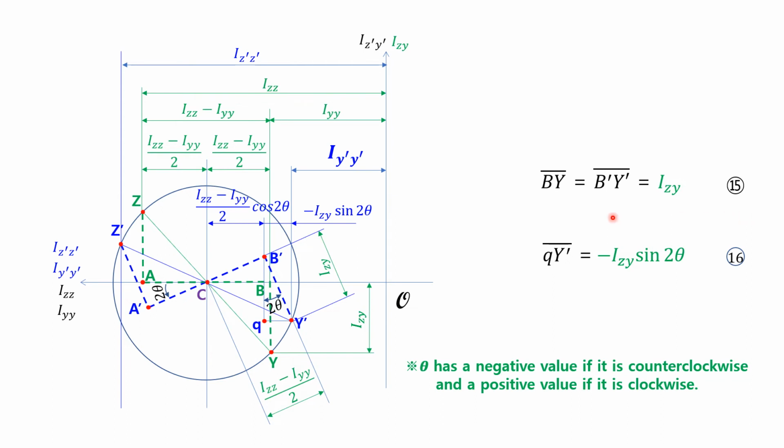Since the rotation angle of coordinate axis is 2 theta, the length of Qy prime can be expressed as the equation 16. Since 2 theta has a negative value in the counterclockwise direction, a minus sign is added to make the length of the line segment Qy prime a positive value.